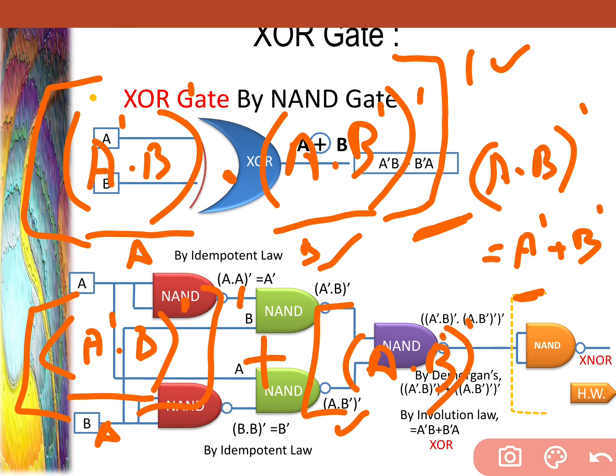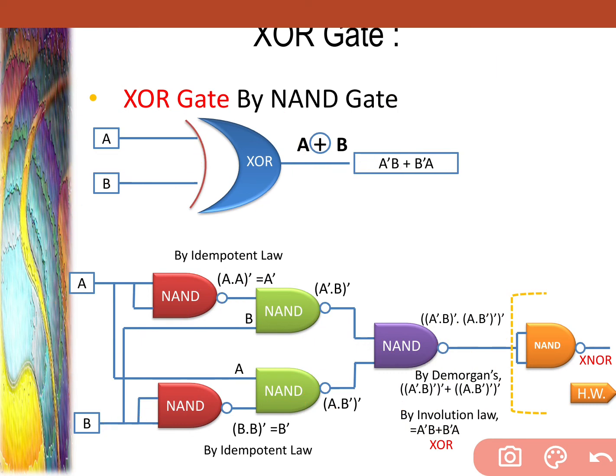A dot B dash, two, whole dash, again whole dash. And then I am applying the involution law. Then see, dash dash will be cancelled. The expression we are having in front of us, that expression is XOR.